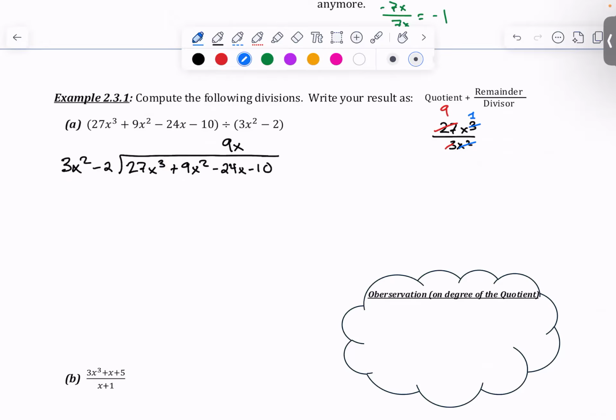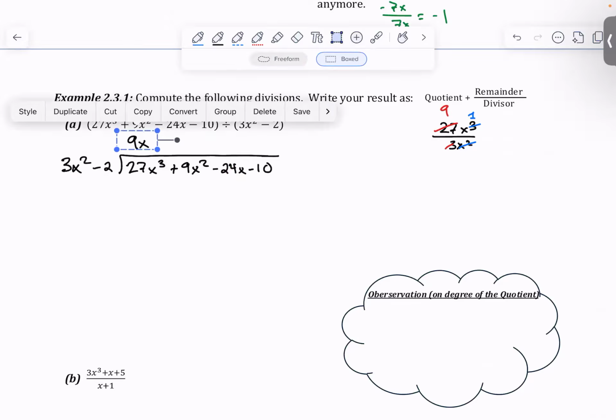Now that I figured out how many 3x squareds go into 27x cubed, I will multiply them. By the way, you can put this here, right on top of the x to the first power term, but there's nothing stopping you from putting it over here or over here. This is just convention.